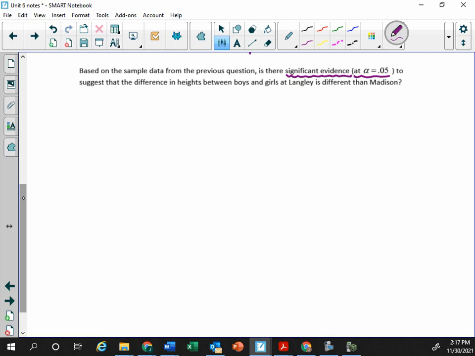They're looking to know if there's evidence to suggest that the difference in heights between basketball players and swimmers at Langley is different than it is at Madison. Okay, so we're trying to decide, is this difference in heights consistent between the two schools, or is it different from one to the other?